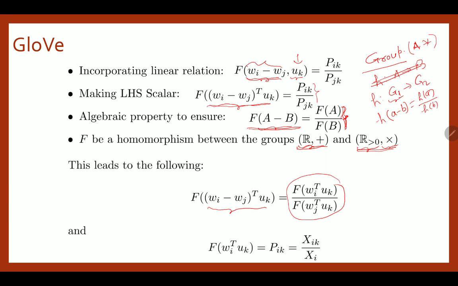That is what this homomorphism means, and if we are able to find a function f which satisfies this, then our job is done, in the sense that we can say that this f of a, or the numerator, we cannot directly say that it's equal, but it's an approximation. We can say it's proportional, but for the sake of simplicity, they say that this function should equal this probability, and we know that Pik is equal to Xik divided by Xi.